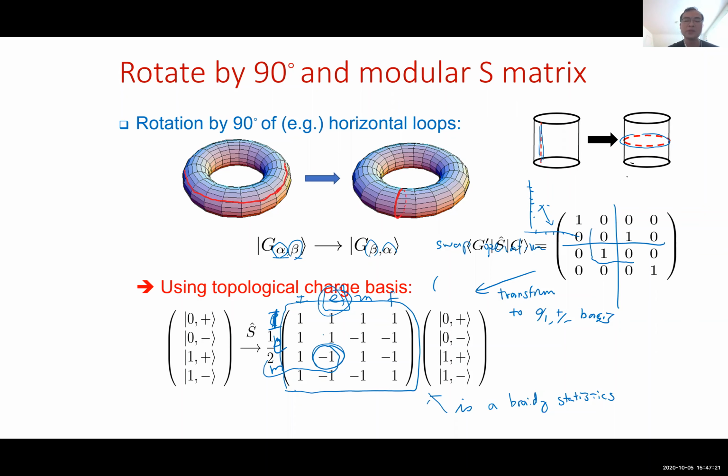This is what we demonstrated earlier. So you take a fermion that braids with an M and get a minus sign. So this matrix, the so-called modular S matrix, gives further information about the braiding.